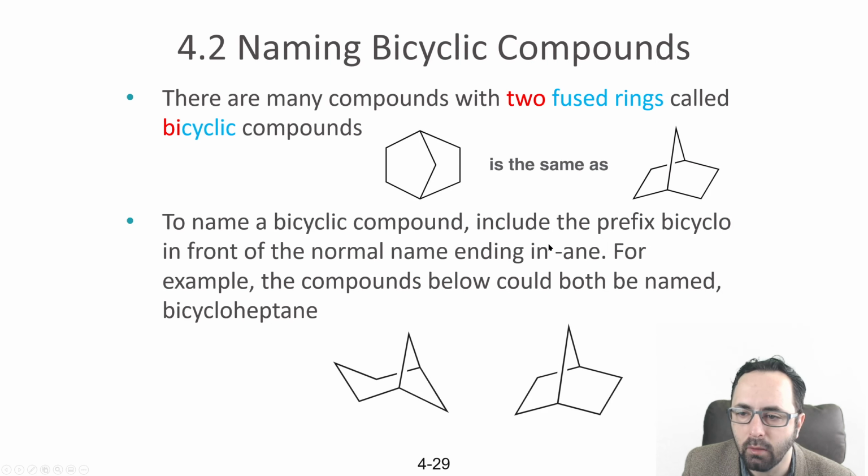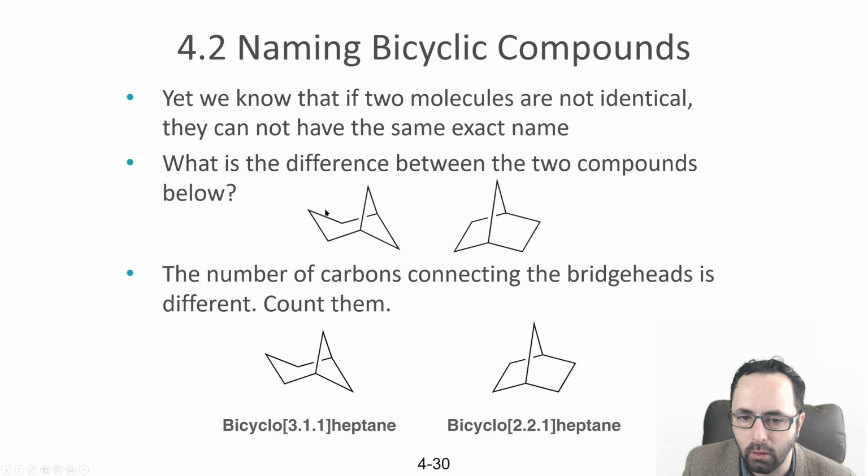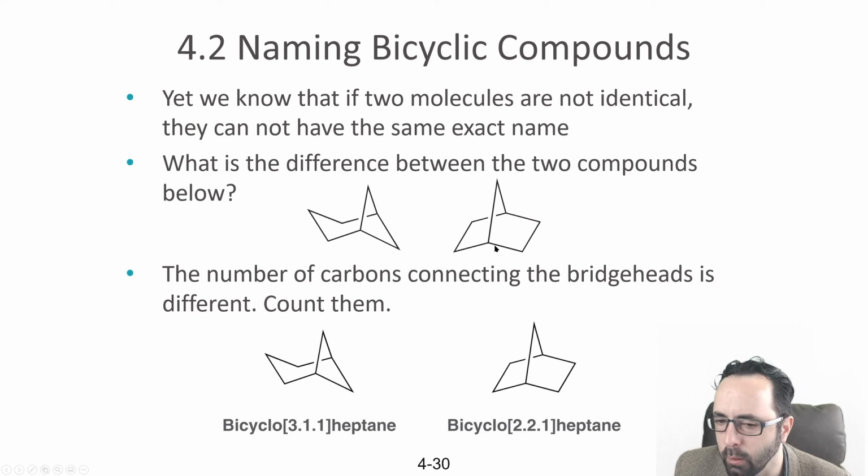So if we look, let's take a look at these 2. Notice that these 2 cyclic compounds are not exactly the same compound. They each have a big ring here that contains 6: 1, 2, 3, 4, 5, 6. And then the point right here, so 7 total carbons.